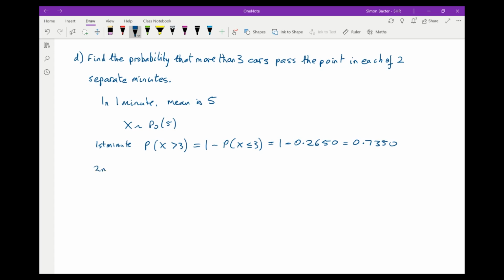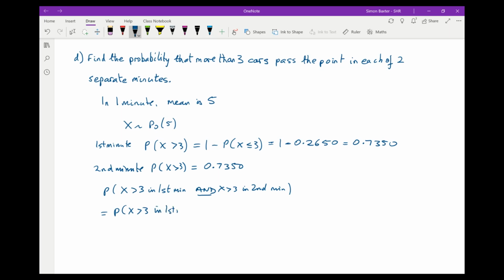Now, since the Poisson distribution insists that everything is independent, the cars passing the point are independent of each other, the second minute is going to have the same probability. To find the probability that we get more than 3 in the first minute and more than 3 in the second minute, it is the probability that x is greater than 3 in the first minute, times the probability that x is greater than 3 in the second minute.